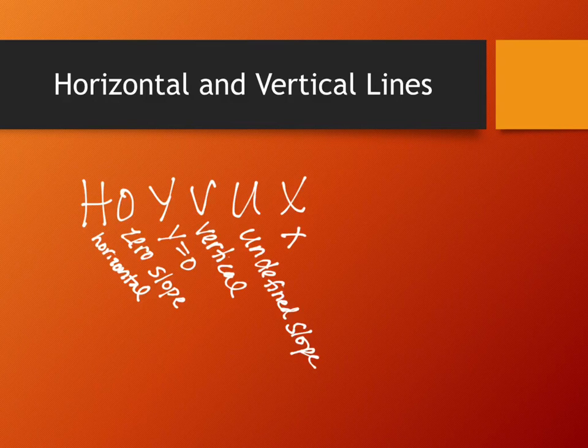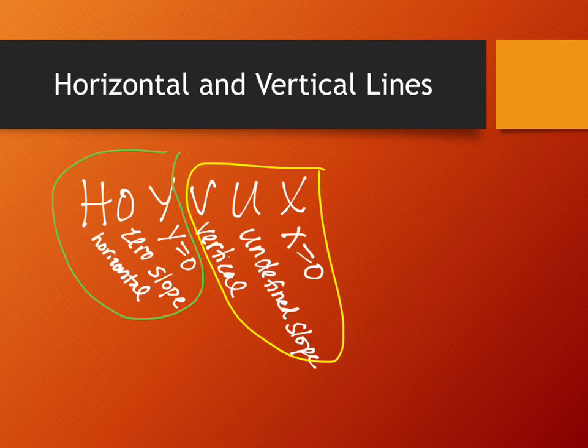And the x is for the equation x equals. Hoyvox. So what it does is it tells you how to deal with horizontal versus vertical lines and how they're different in terms of their slopes and their equations.